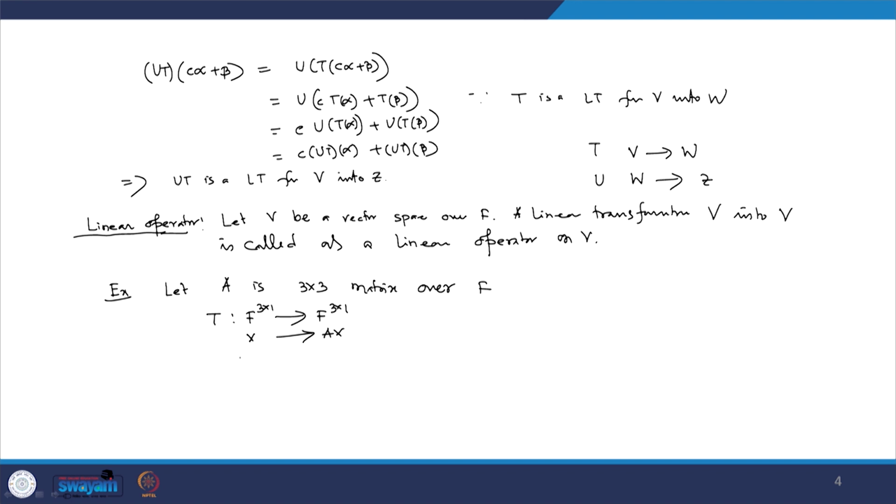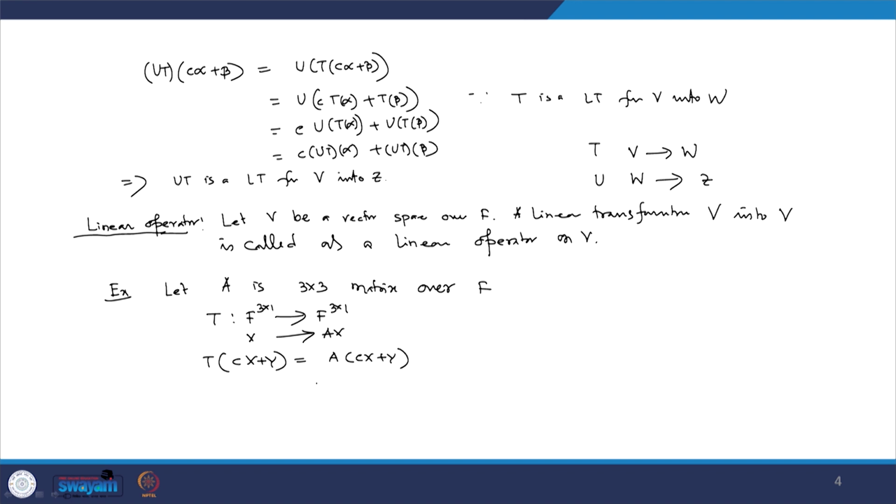So, we see that for x and y belonging to F 3 cross 1 and C any constant over F, T of C x plus y will be equal to A times C x plus y.